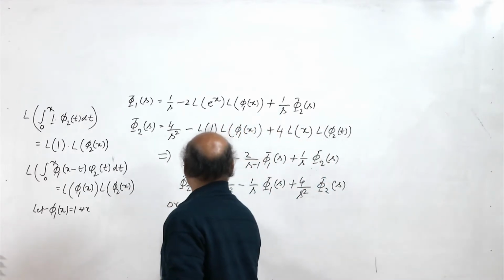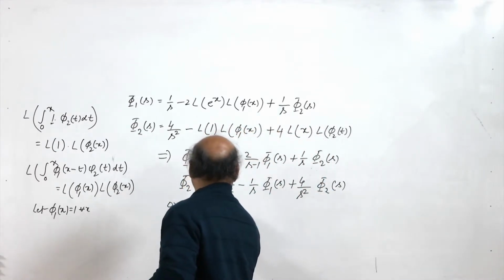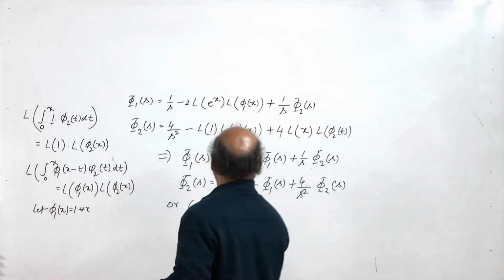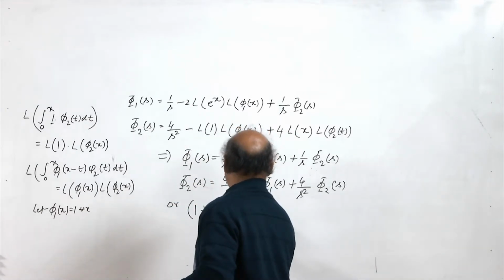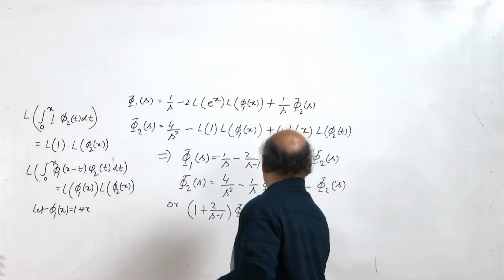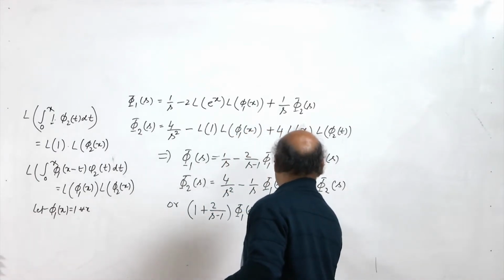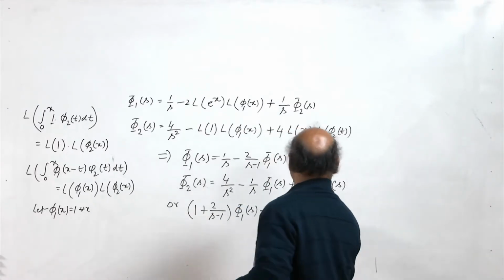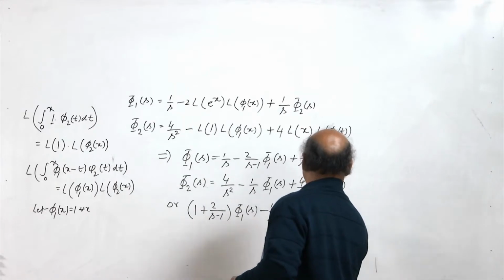So, 1 plus 2 over s minus 1 into phi 1 s minus 1 over s phi 2 s equal to 1 over s.